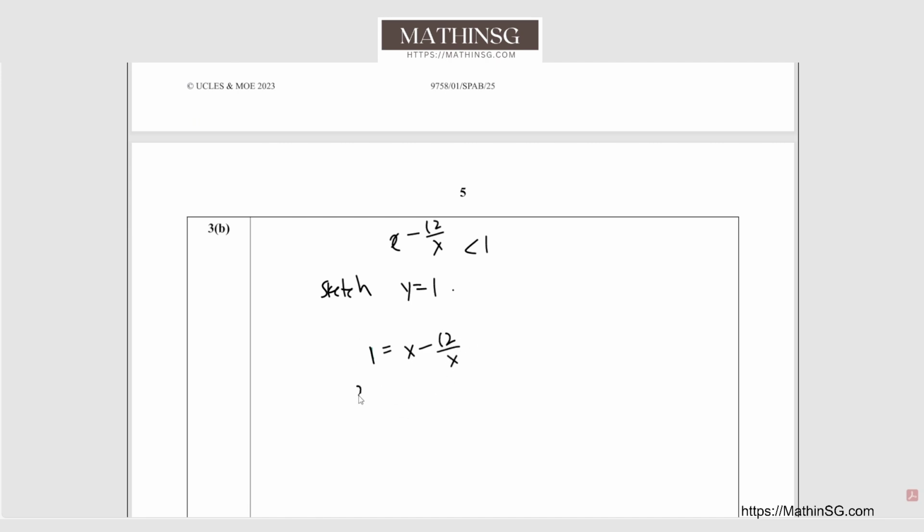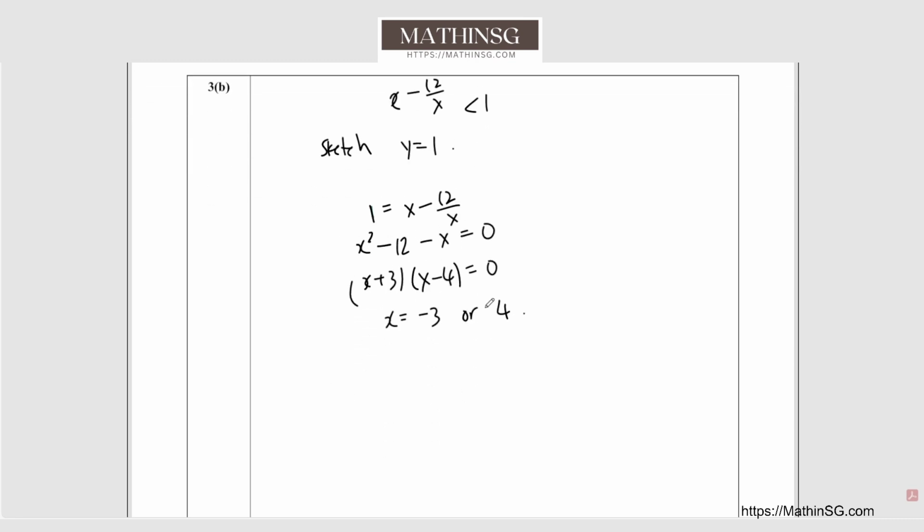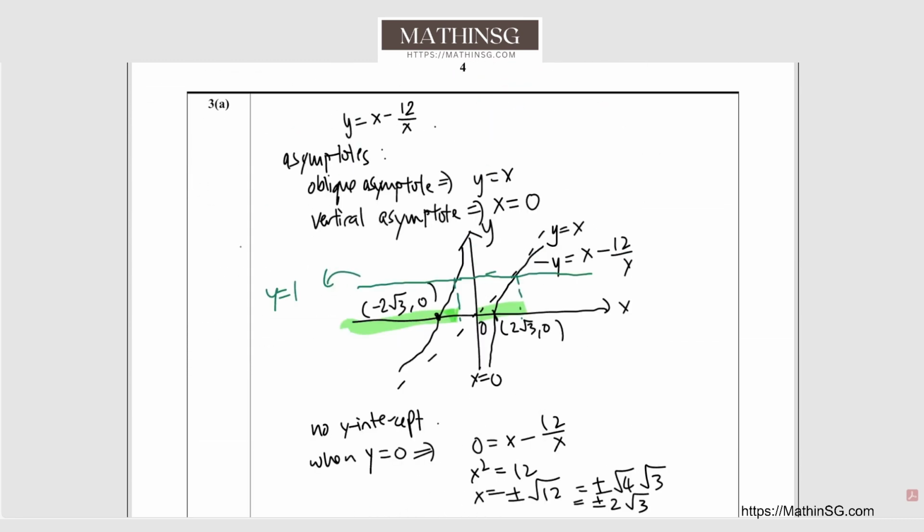So I have x squared minus 12 minus x equals 0. Solving for it, I have (x plus 3)(x minus 4) equals 0, x equals minus 3 or 4. Therefore, I know that here is minus 3.